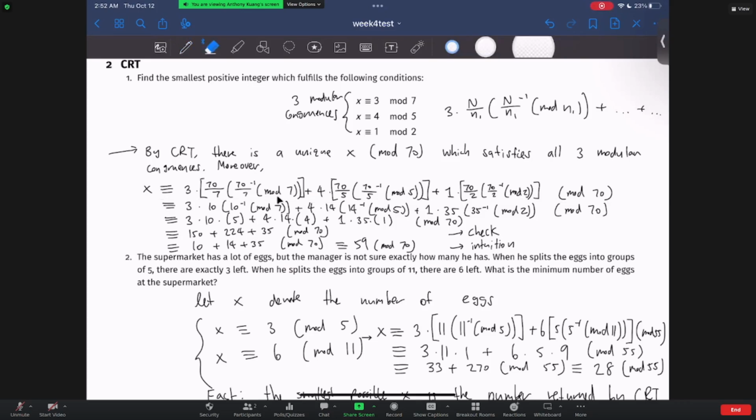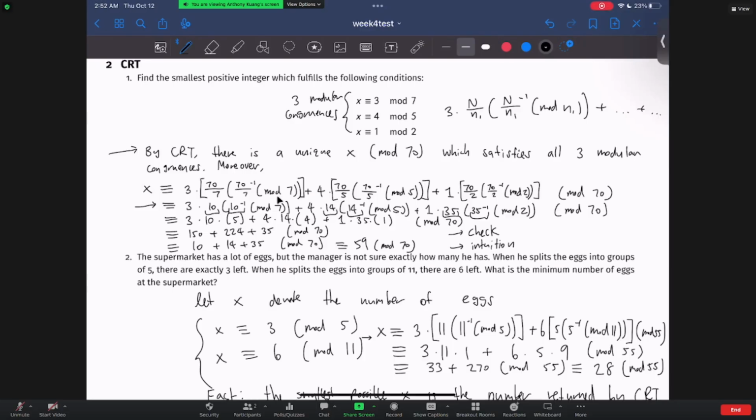And as we see, we can do some simplification of the mods. First of all, we turn 70 over 7 into 10, and then 70 over 7 inverse into 10 inverse. We did this with the second term and the third term as well.